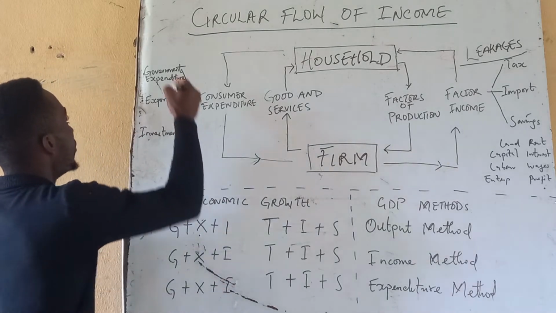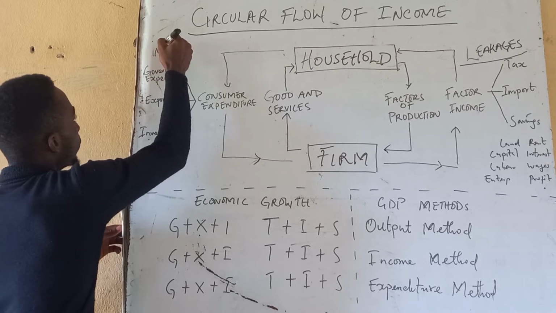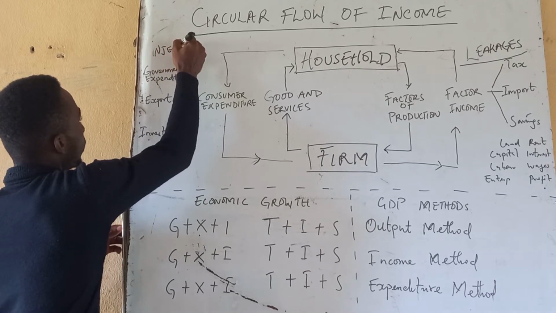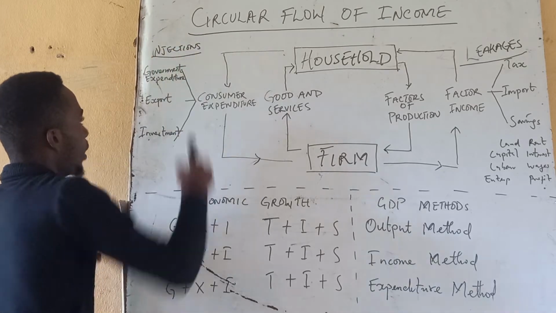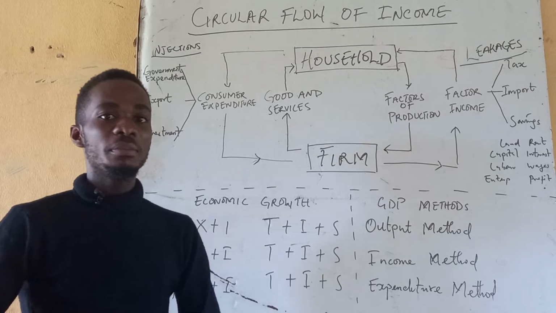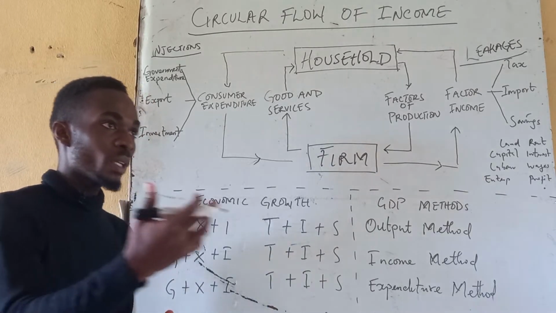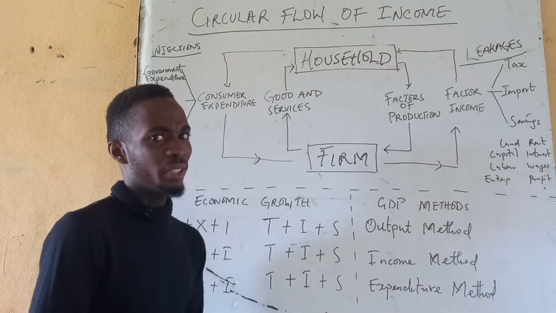So here we have injections. When the government buys goods and services from the economy, the firm accrues profits from that venture. I hope we get that.